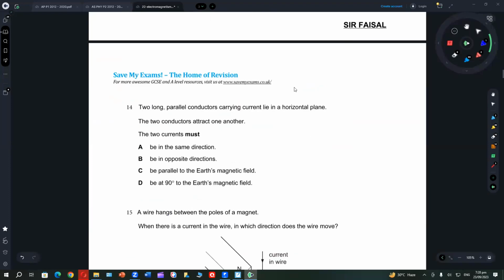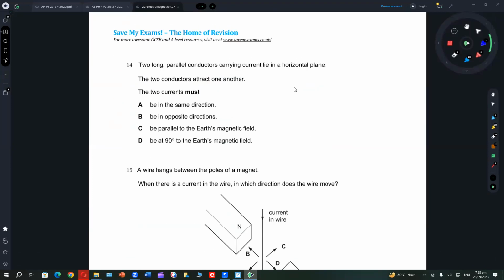We move to our next question. Two long parallel conductors carrying current lie in a horizontal plane. The two conductors attract each other. So when two conductors are parallel and they are attracting each other, are the currents in the same direction or opposite? It's a memory recall.